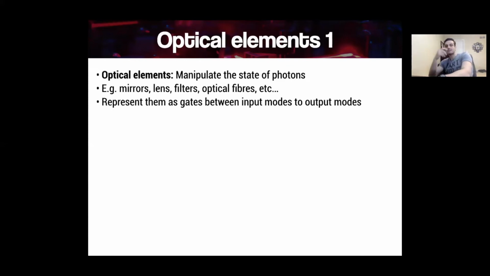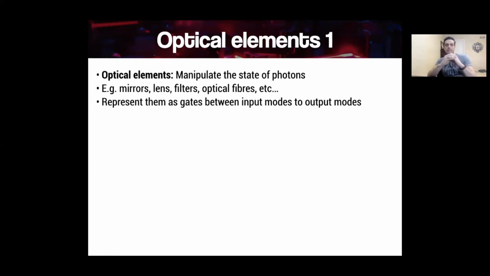The elements that you're familiar with, you might not have thought of them as gates per se, but one way we can think about them as gates is we can fix their action with the optical element for some period of time. Say you have some optical element, say a beam splitter. I'll describe what a beam splitter is in a second if you don't know what that is.